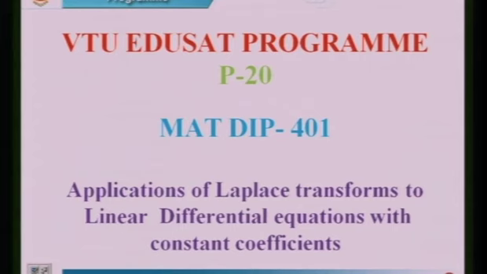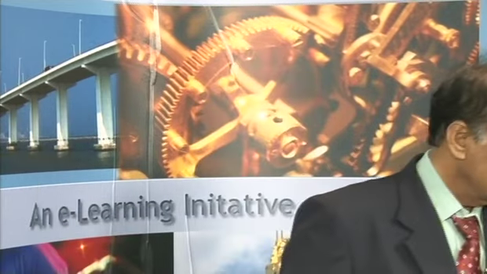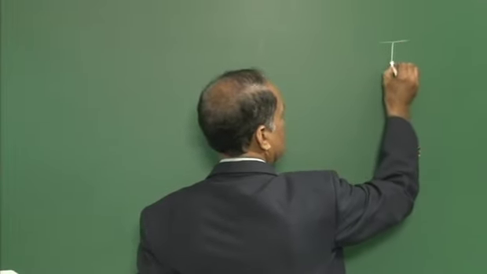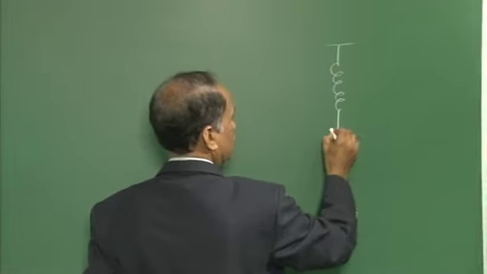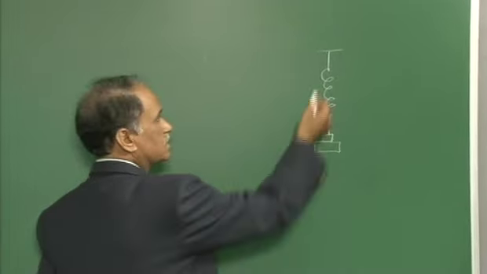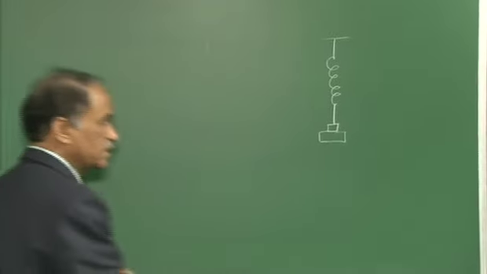How are you going to come across these two things? Let me mention mechanical engineering. In a mechanical system, the spring mass system application goes like this. Suppose you have a spring and some mass is attached to it, and that mass is pulled in the downward direction and then you release it.